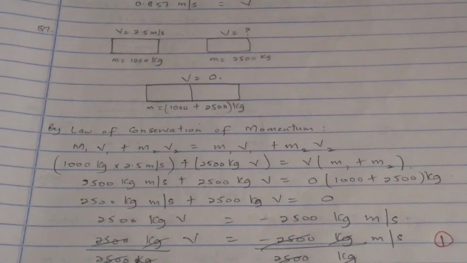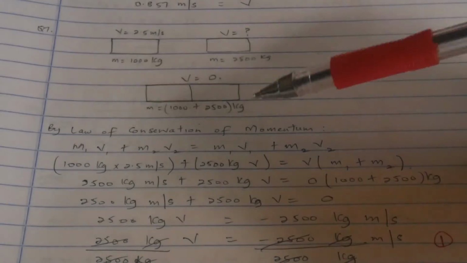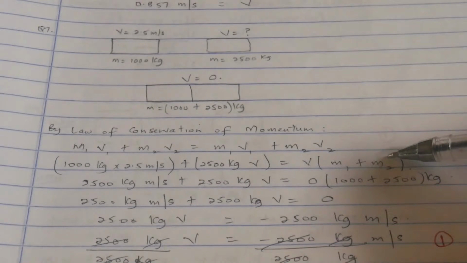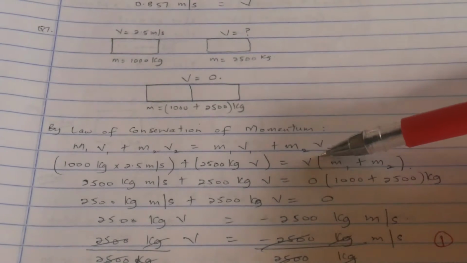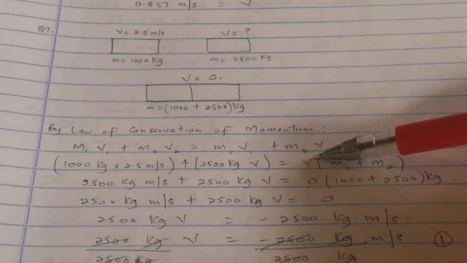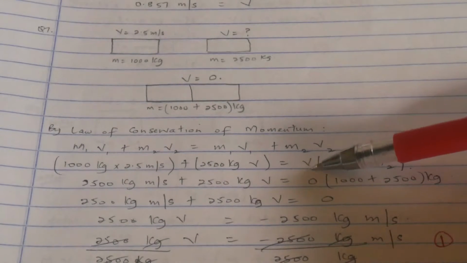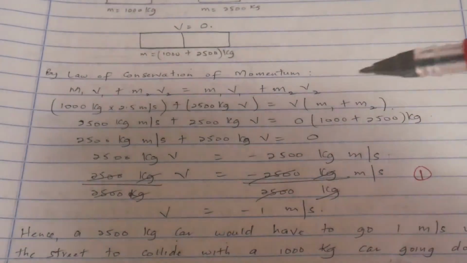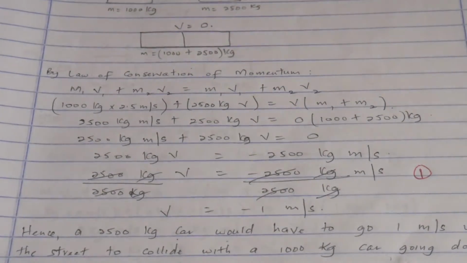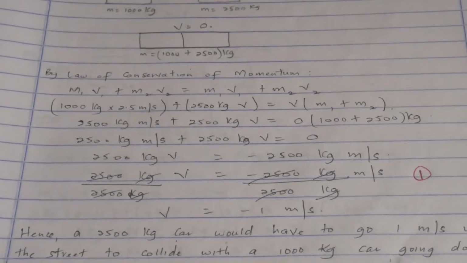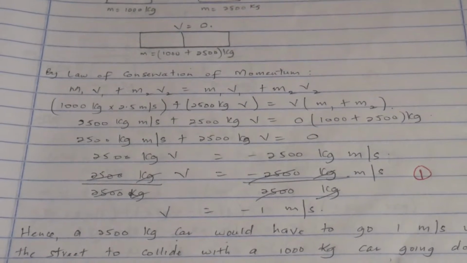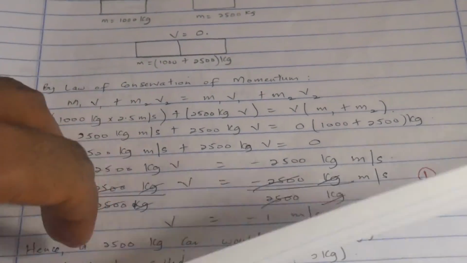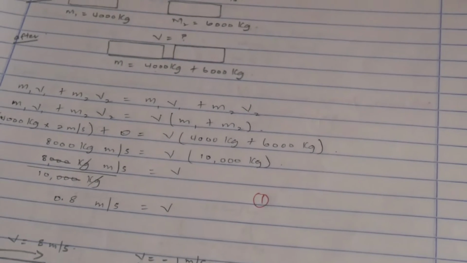Before we have our known velocity here, and after we have the known masses with the known velocity 0. The system must stop moving, and we see upon our calculations it produces -1 meters per second, which is correct because that's the speed that the car should be going to the left or up the street, if you want to say that.